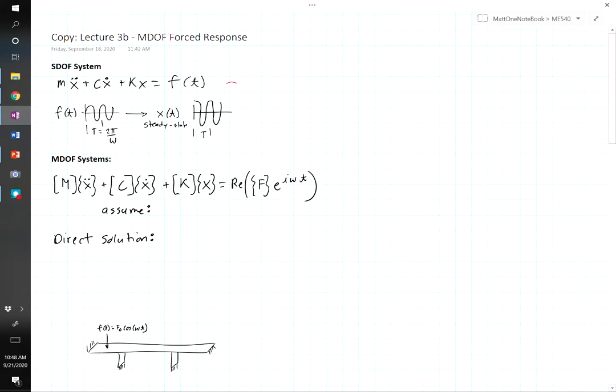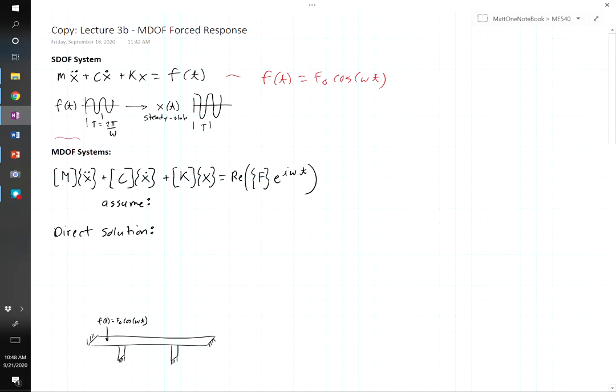So just a little bit of recap from last time. If we had a forced system, and we were interested in steady state response, so say we had a harmonic force, F naught cosine omega t. We talked through the fact last time that if we apply a harmonic force to the system, the response will be at the exact same frequency or have the exact same period.